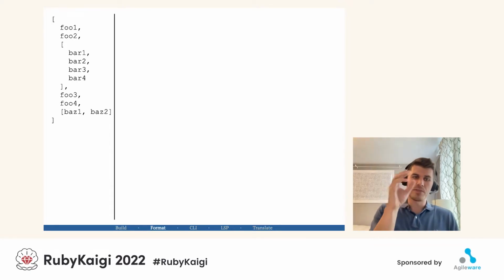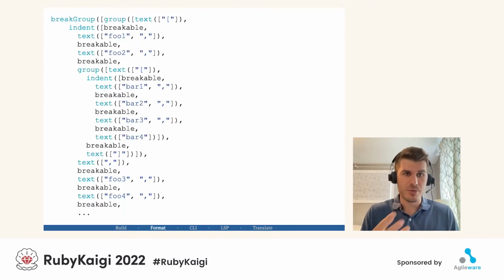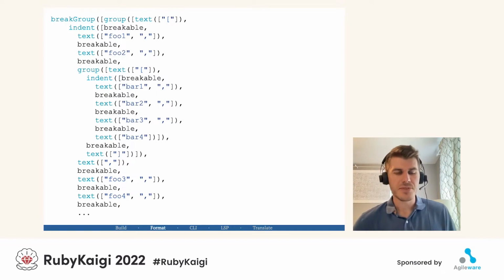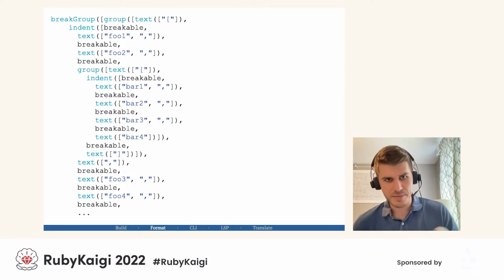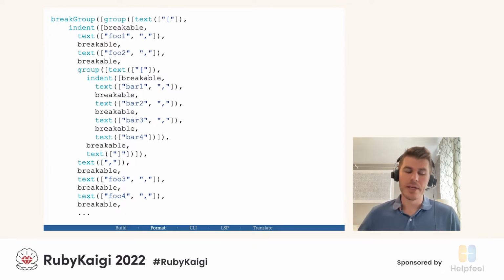So this array is actually represented by a whole bunch of nodes in the tree that are doc nodes. And this is generally what this looks like. So you can see we have all these text elements that represent the actual text that shouldn't be broken up. The breakables represent new lines that should be inserted. We have a couple extra nodes like indent, which indents things whenever they're on a new line, and break group, which forces a break into all of the new lines in that group.